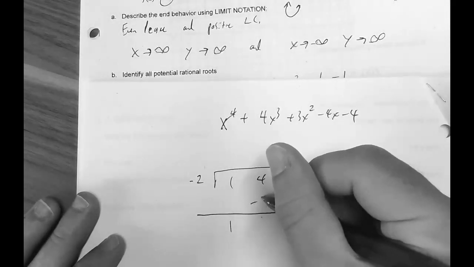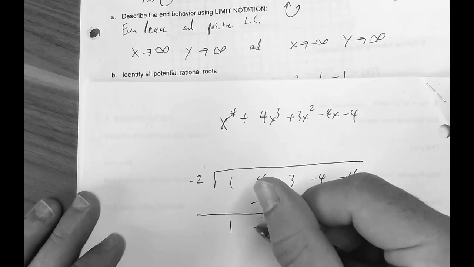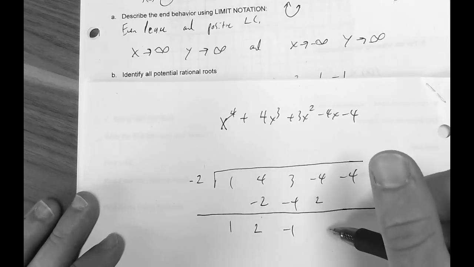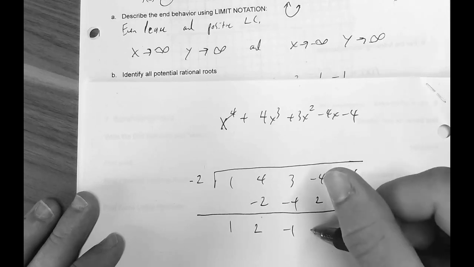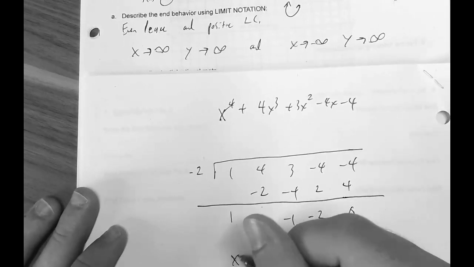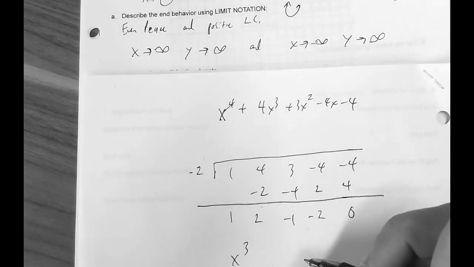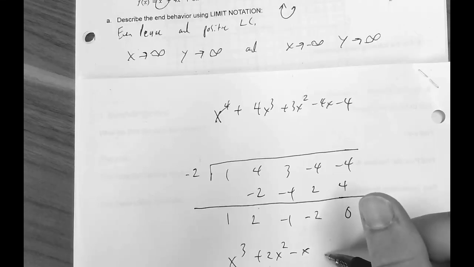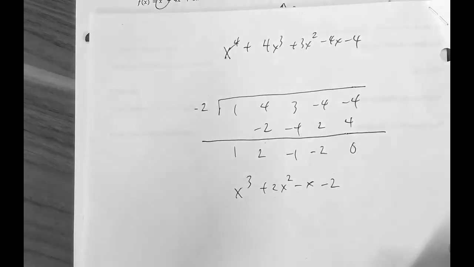So 1, -2, 2, -4, -1, 2, -2, 4, 0. So we'd have x cubed plus 2x squared minus x minus 2. Okay.